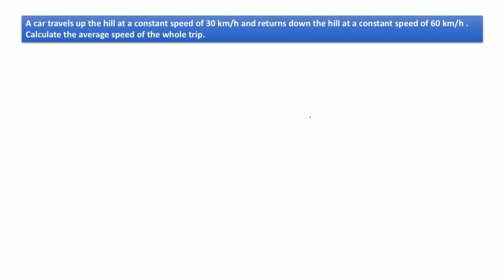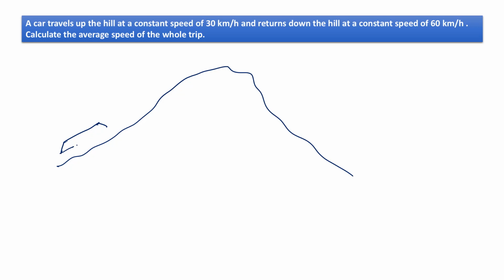Now in this question, it is said that a car travels up the hill at a constant speed of 30 km per hour and returns down the hill at a constant speed of 60 km per hour. So this is the hill, we can say. So this is the car. As you know, I am not able to draw the car, but still I am drawing it for you people.